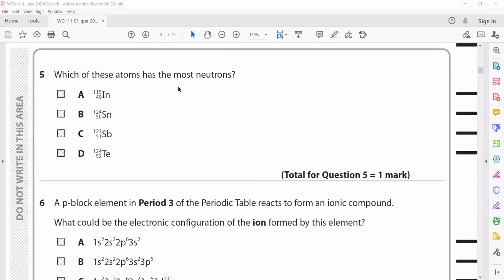Which of these has the most neutrons? To get the neutron number, you take a difference. When you calculate the difference between atomic mass and atomic number, you will get the neutron number. In this example, the highest difference comes out for Sn, which is 124 minus 50, equal to 74.